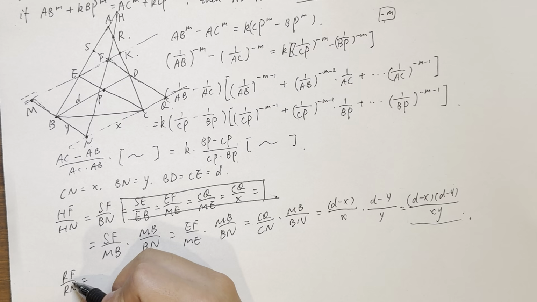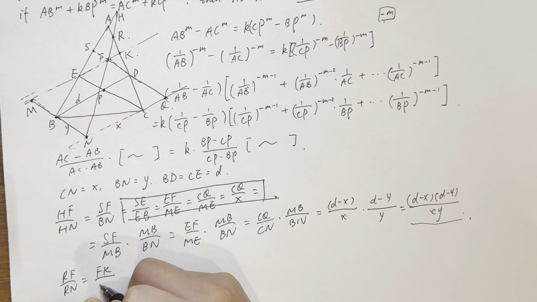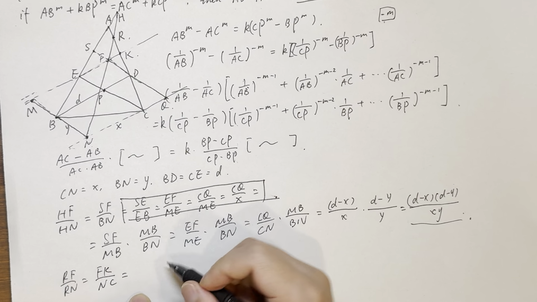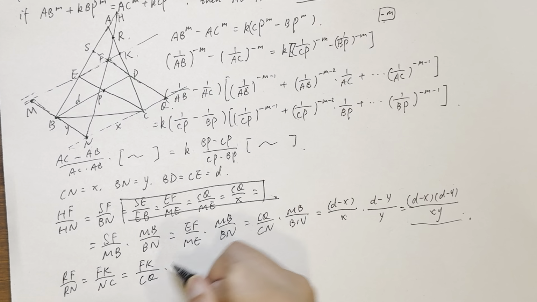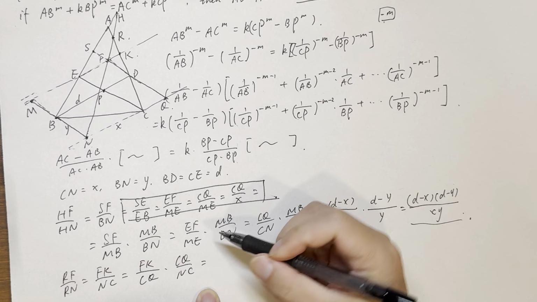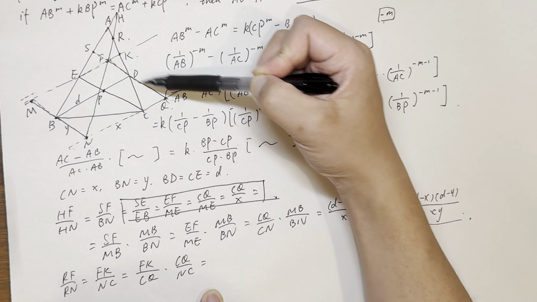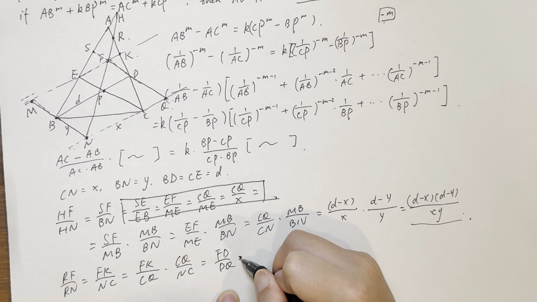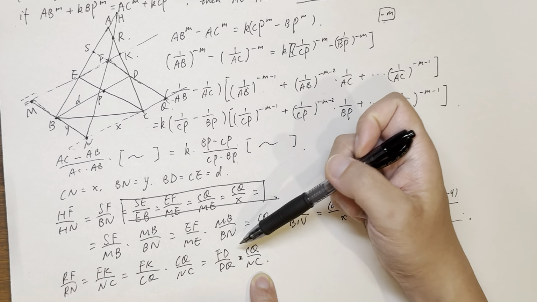Right? So RF to RN equals FK to NC equals FK to CQ times CQ to NC, which equals FK to CQ, that is FD to DQ, times CQ to NC. And you can already see CQ to NC occurs here as well.